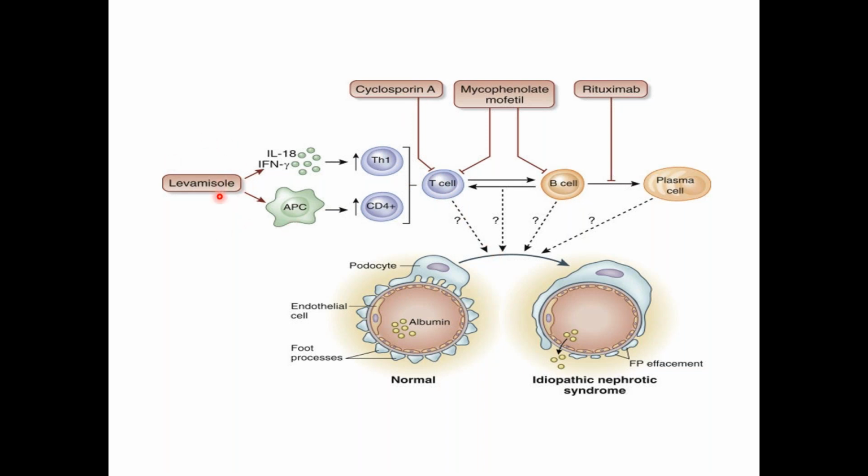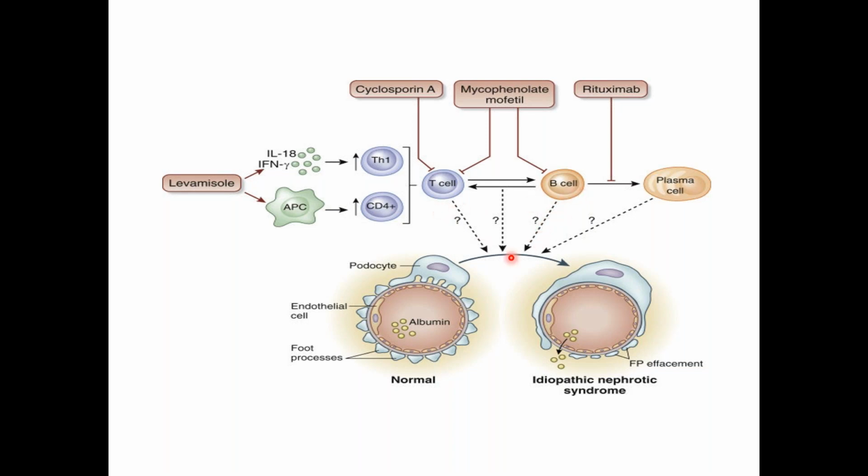A drug like levamisole is basically upregulating the Th1 cycle and downregulating the Th2 cycle. Whereas a drug like rituximab is affecting the plasma cells and it reduces the production of B lymphocytes, and it reduces the production of certain antibodies as well as inhibits T cell cycle.